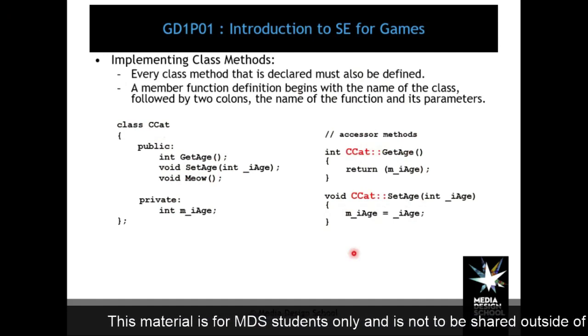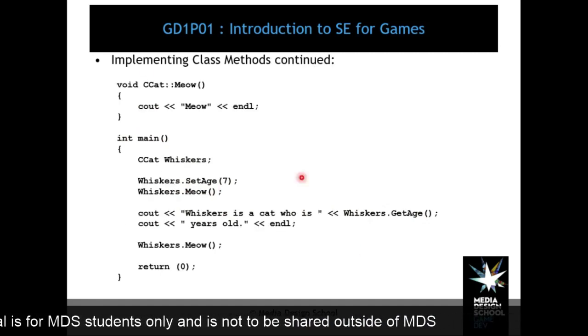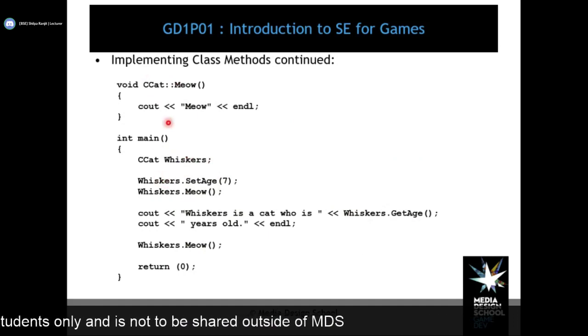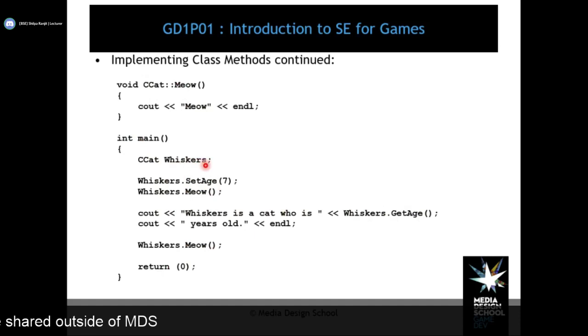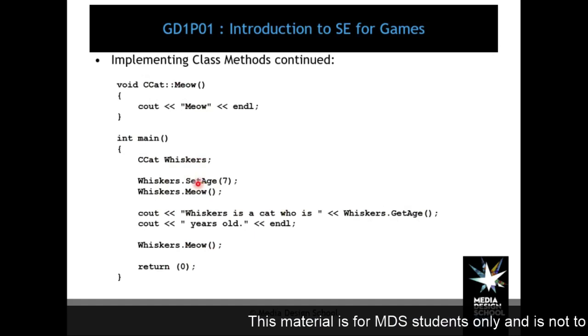All right. So yeah, that is how the definition goes. And then you can just create an object of CCat and call the setAge function. So setAge and getAge are the accessor functions there, because age is the only data member. So you only need accessor functions for one data member.